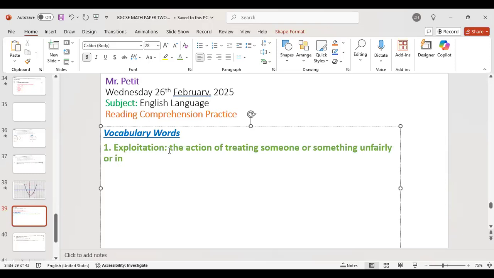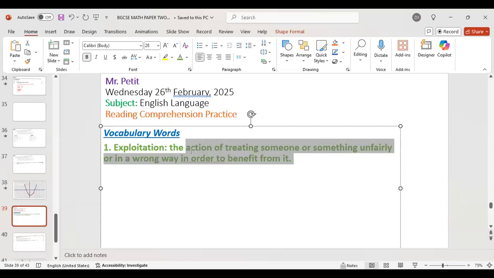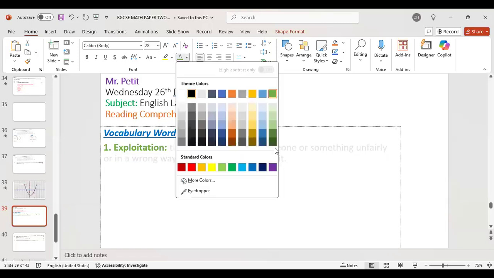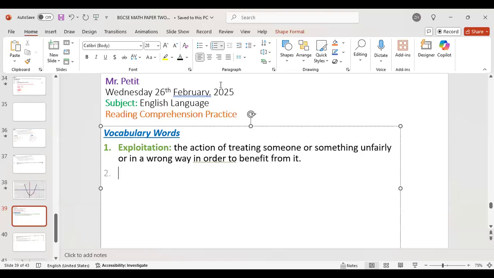Yeah, unfairly or in a wrong way, in order to what? Benefit from it. Okay, that's literally the definition of hacking in a game. See, we're not talking about games.